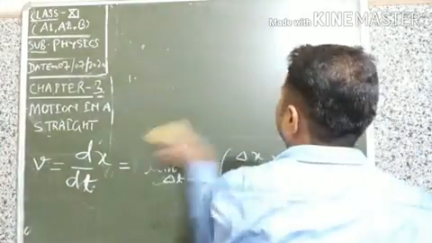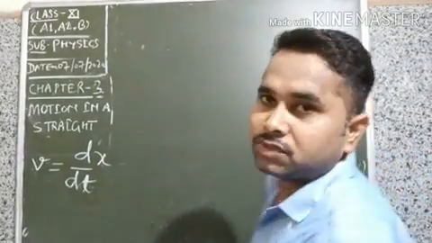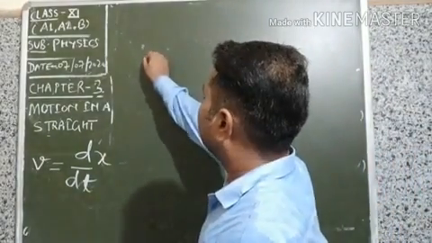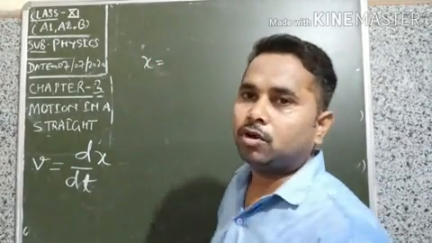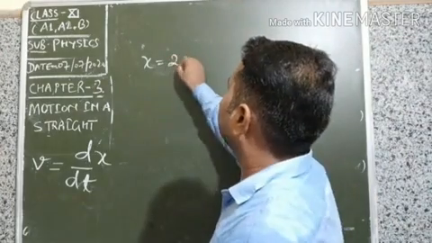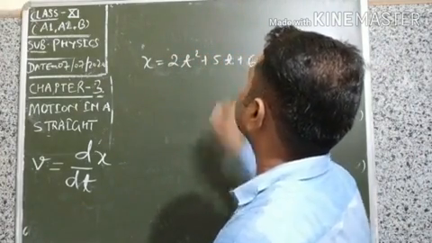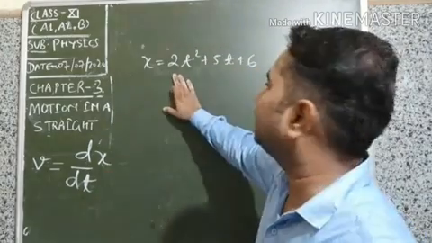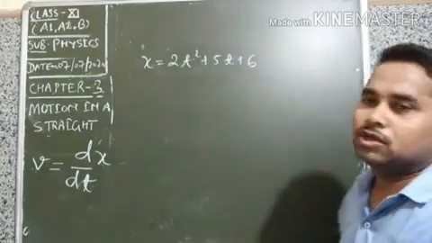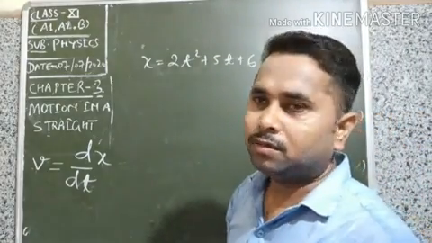see here one example. सपोज क्वेश्चन दिया हुआ है कि डिस्टेंस ऑफ द बॉडी इज एक्सप्रेस्ड एज 2t स्क्वायर प्लस 5t प्लस 6. द फंक्शन ऑफ डिस्टेंस इज एक्सप्रेस्ड बाय 2t स्क्वायर प्लस 5t प्लस 6 और पूछा है व्हाट इज द इंस्टेंटेनियस स्पीड ऑफ द body.